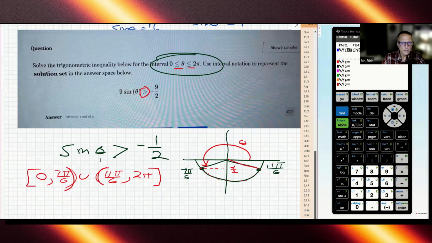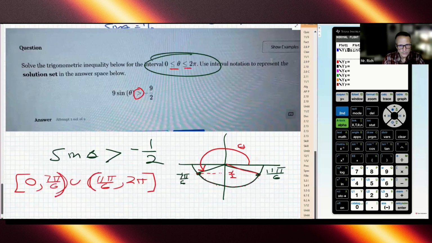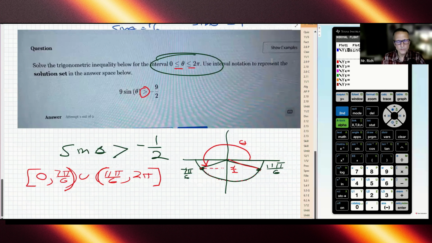Now, there's another way to do it. I want to show you one other way to consider this, because you want to have multiple ways to do this. When you're dealing with trig functions, we use the unit circle quite a bit, but I also find it useful to picture the sine function from 0 to 2 pi, which looks like this.